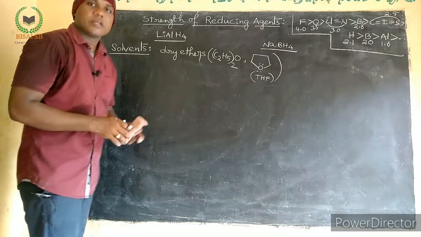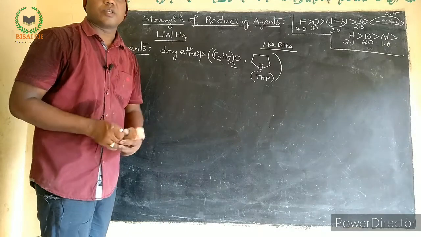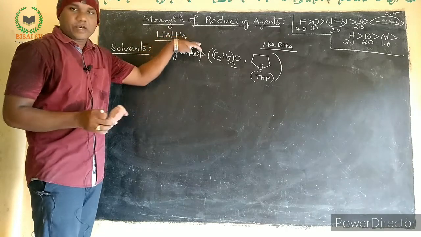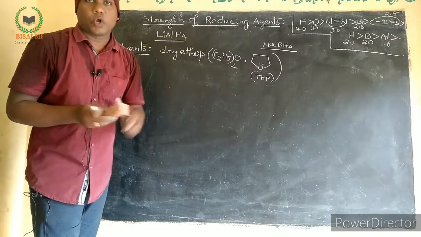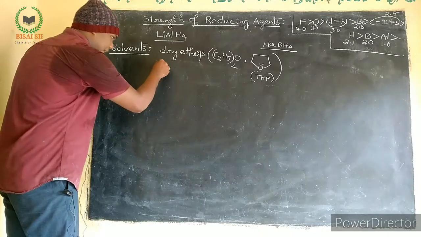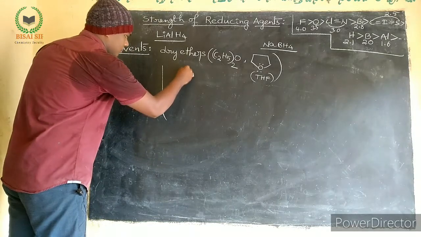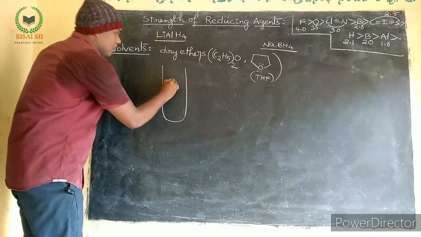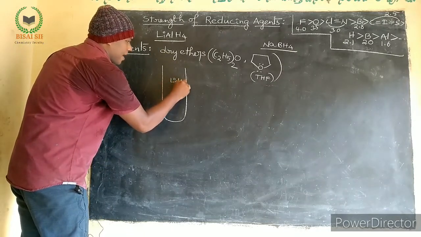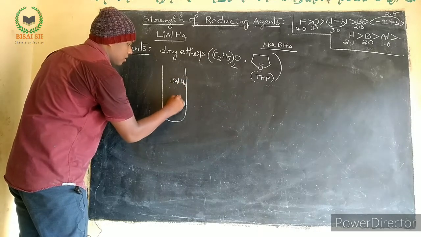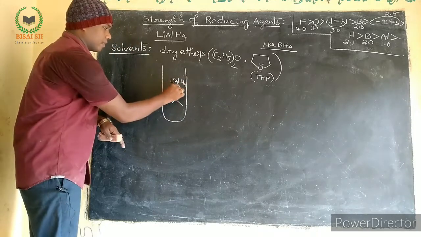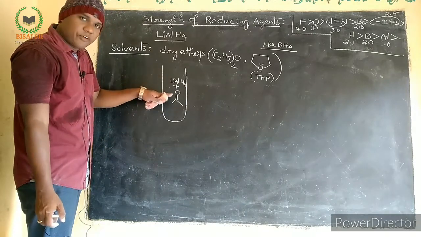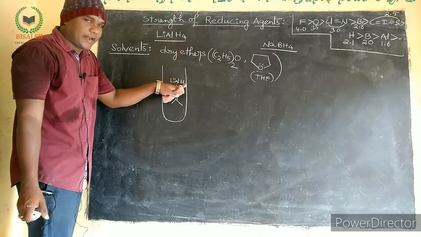We should not take simple water molecules or alcohols. What is the reason for lithium aluminum hydride reduction? We should not take water as a solvent. Why? Because, just take one flask. Lithium aluminum hydride with a double bond O, this is a keto functional group, correct? So the reduction is between the carbonyl functional group and lithium aluminum hydride.